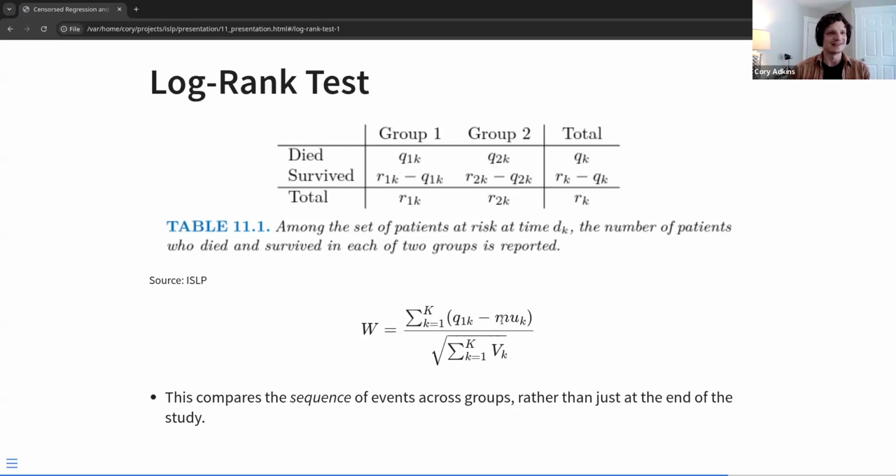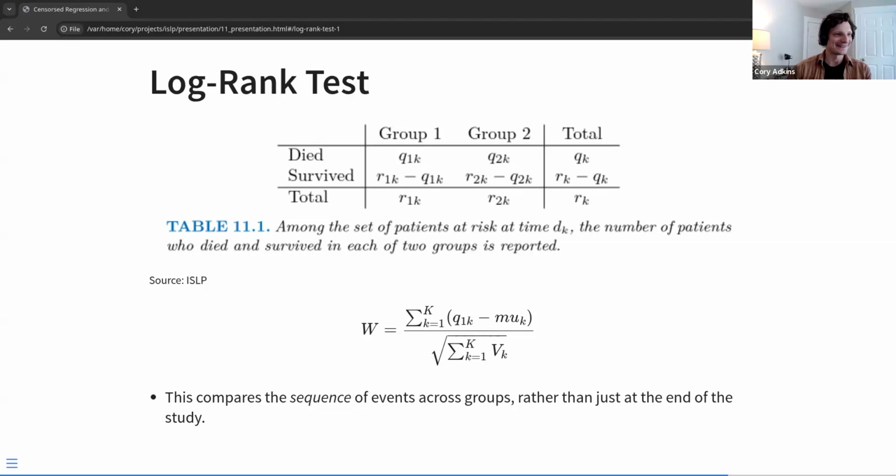Man, I made a lot of typos in this little slideshow. But you're taking the, and I'm kind of winging this, for group one, you're subtracting the mean survival number in each period, and then dividing by the sum of the intergroup variance.